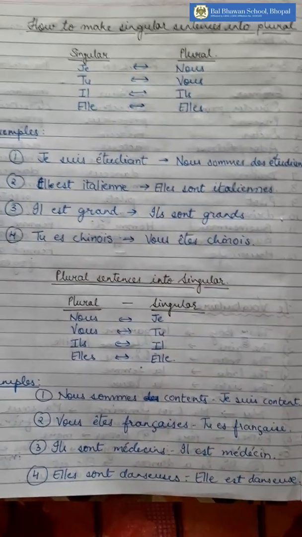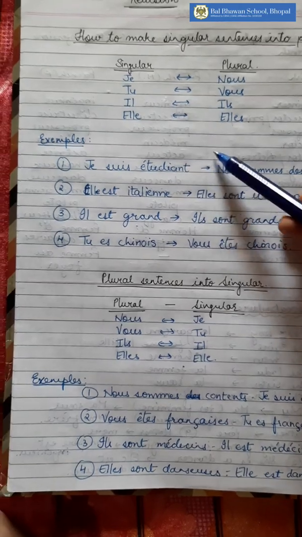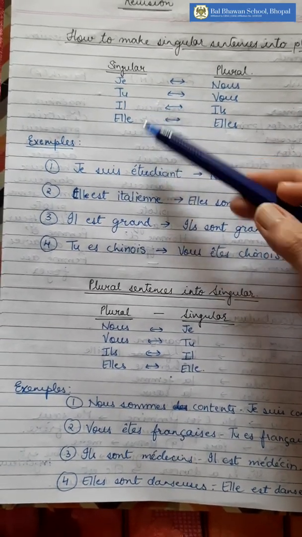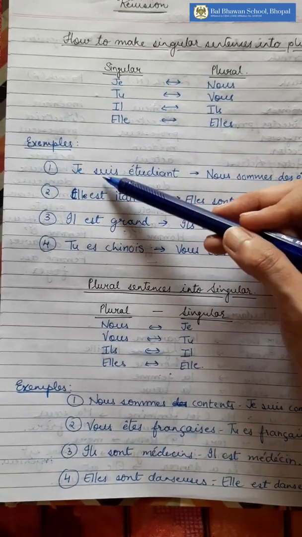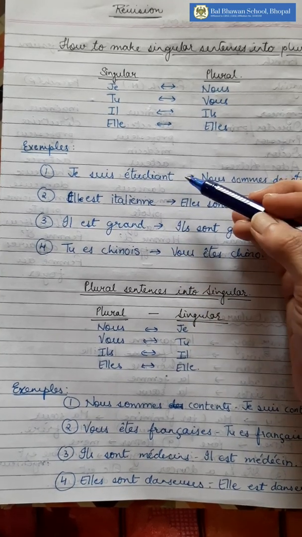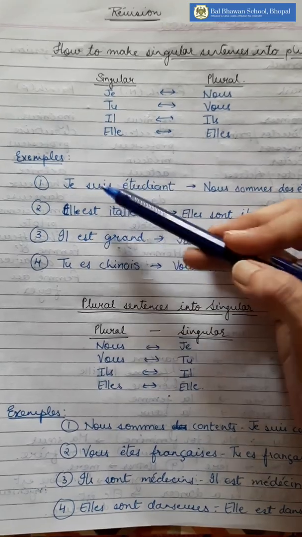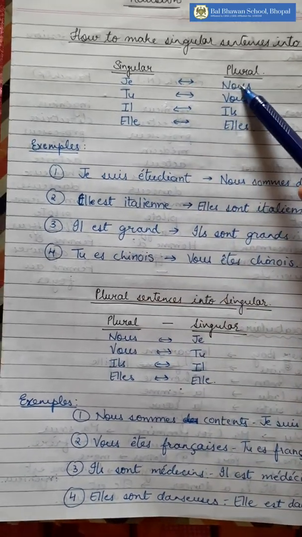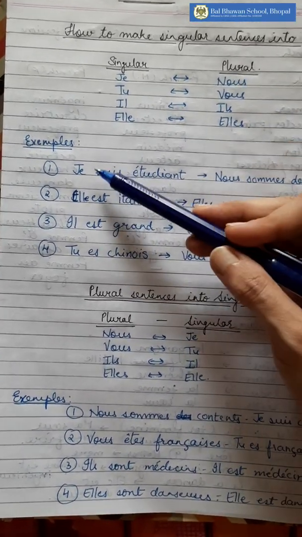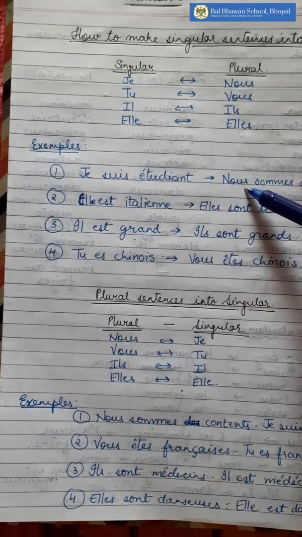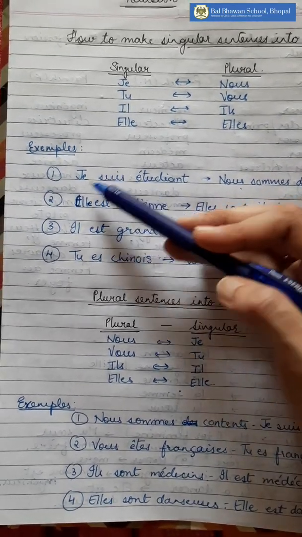Okay, so I have written 4 examples using all these 4 pronouns. So the first one I have written is je suis étudiant, I am a student. So if we are talking about I am a student, so je will become nous. ठीक है, तो je की जगह हम लिखेंगे nous, and suis was the conjugated verb of je.